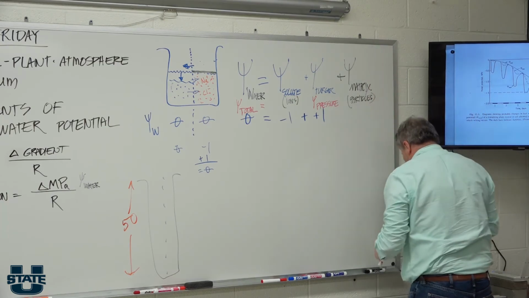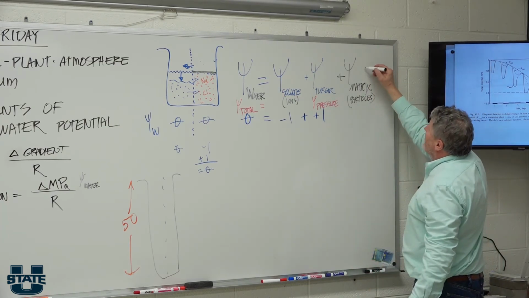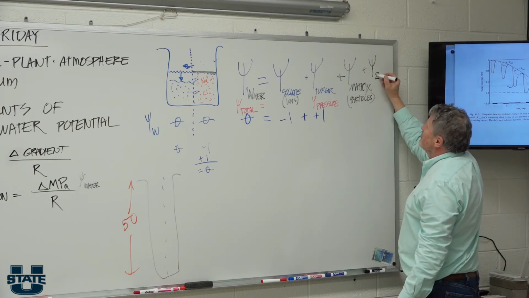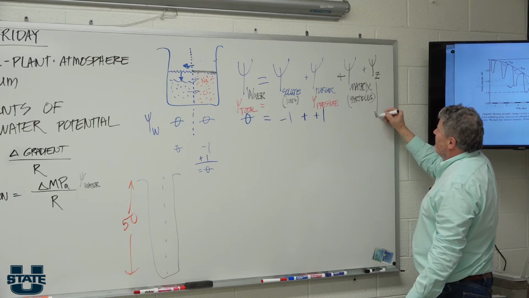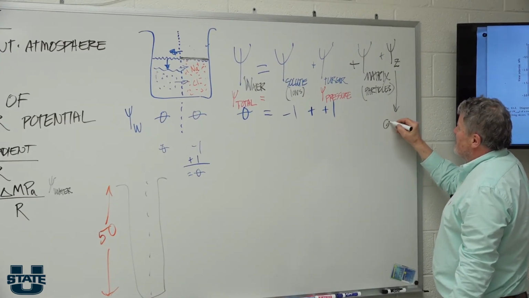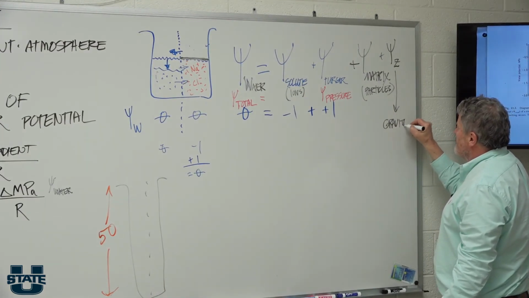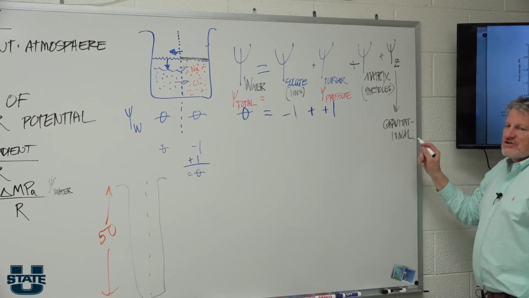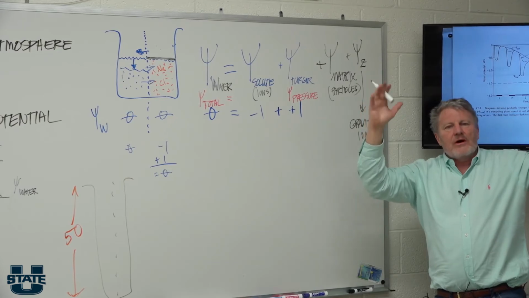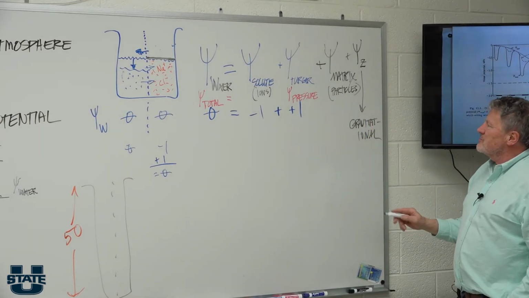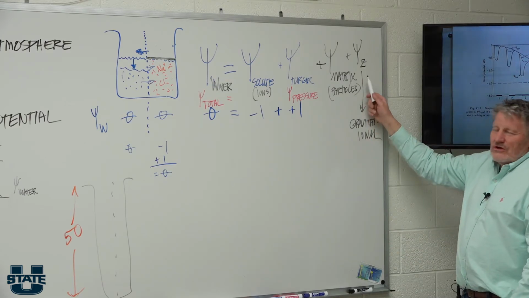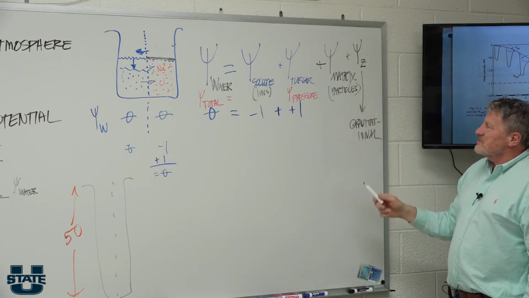Psi, and this is often called Z, and this is gravitational. And this is how hard it is to suck water up to the top of tall places. And you know how in the energy balance we say we usually ignore photosynthesis and respiration?